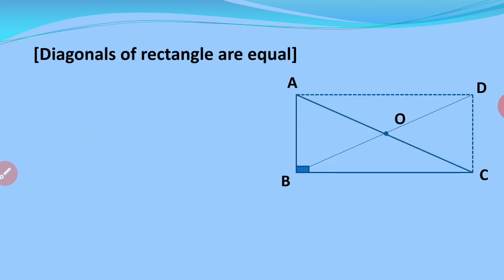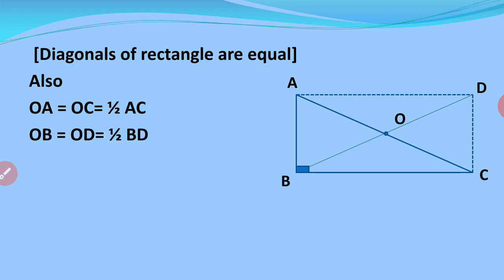Moreover, we can say that OA is equal to OC, which is half of AC. The property goes as the diagonals bisect each other. The diagonals are equal as well as bisectors. That is why OC and OA are each half of AC. Similarly, OB and OD are half of BD.